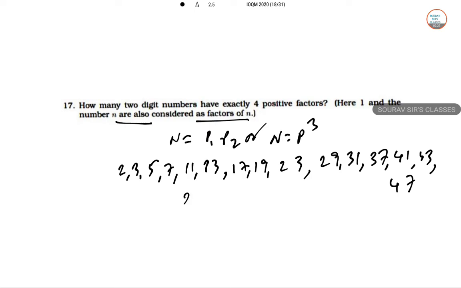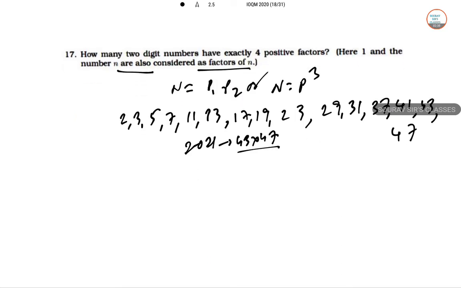Interestingly, 2021, the year, is the product of 43 and 47, two prime numbers. Now if P1 is 2, then P2 belongs to 5 up to 47.